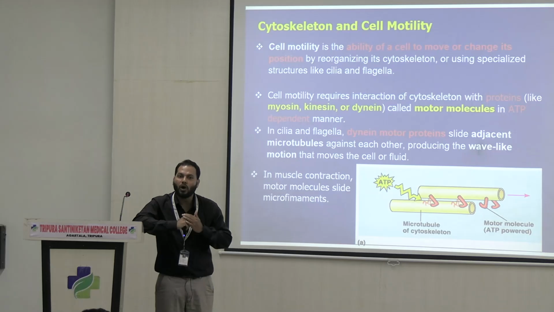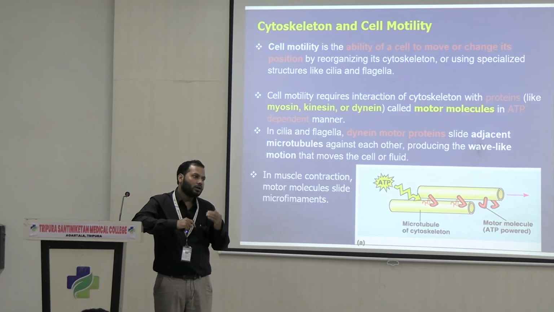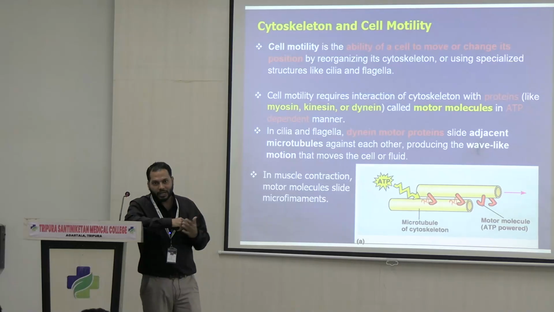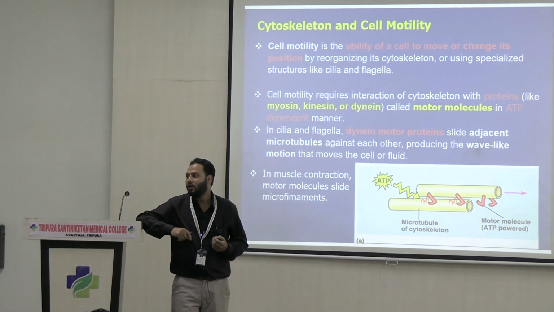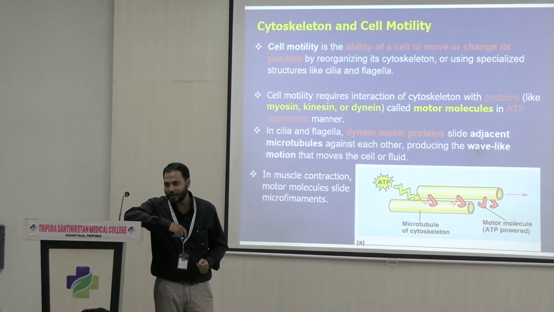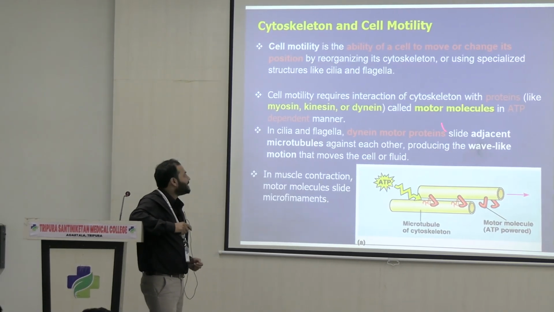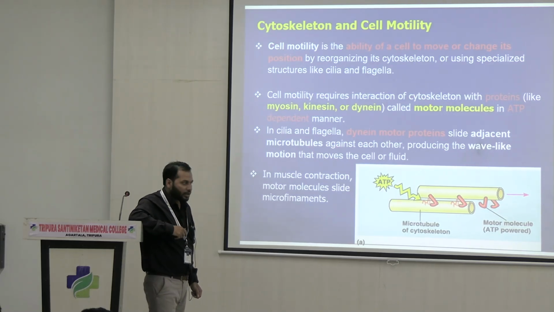This is the most important feature of how cilia or flagella move, by using certain types of molecular motor protein like dynein. So here there is a sliding of microtubules against each other in the presence of this dynein motor protein.